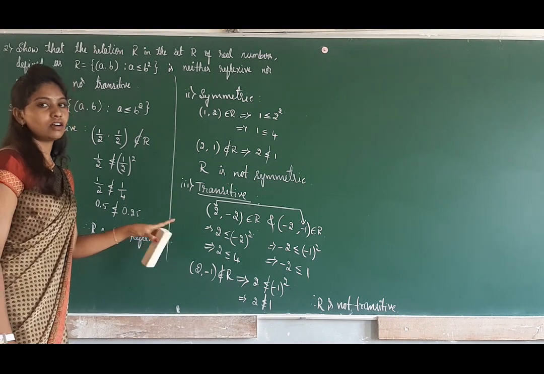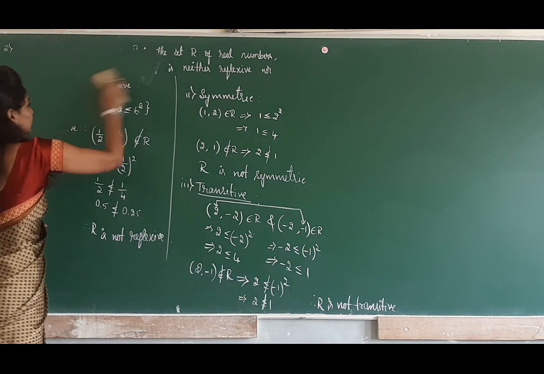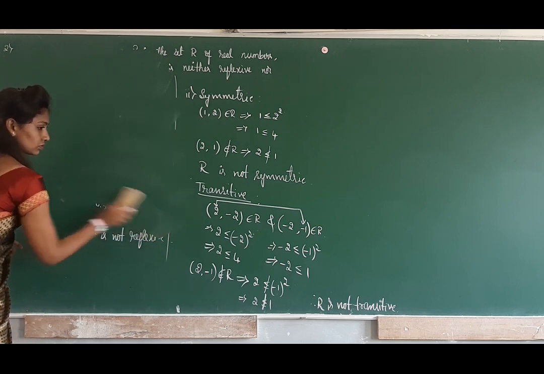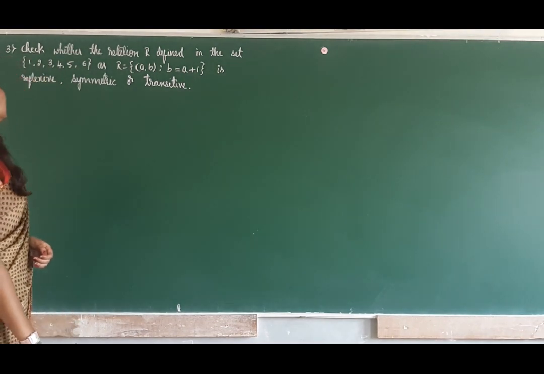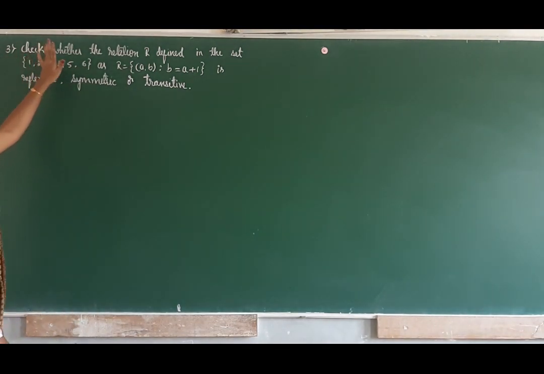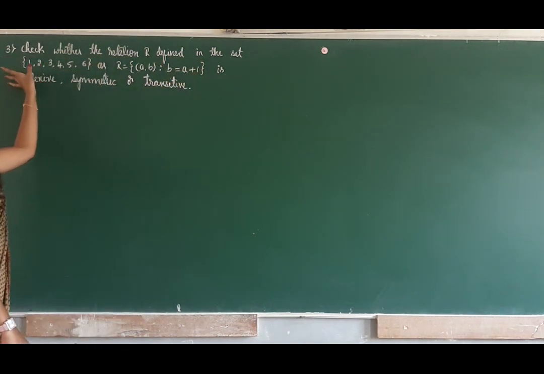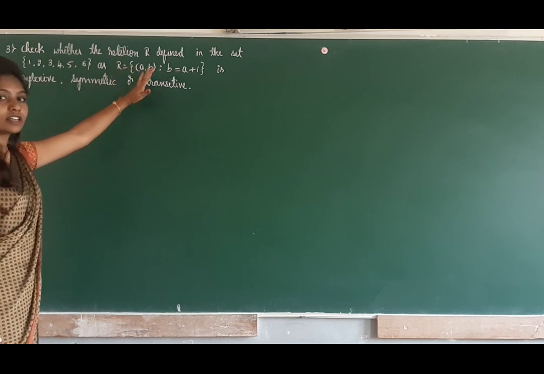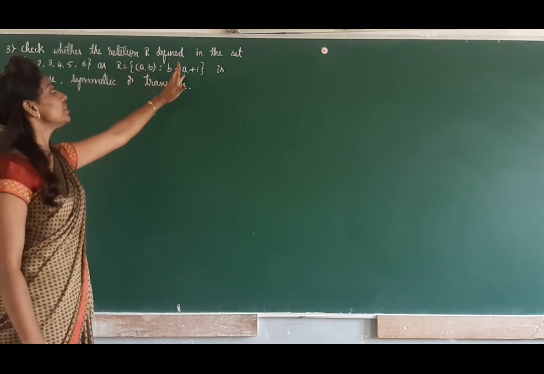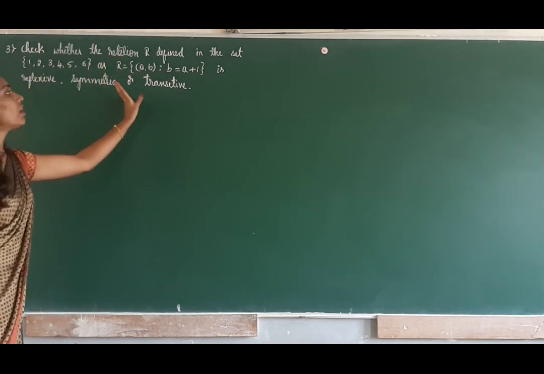Okay. And the next question is, the third question: check whether the relation defined in the set {1, 2, 3, 4, 5, 6} as R equals the set of ordered pairs A, B such that B is equal to A plus 1 is reflexive, symmetric or transitive.